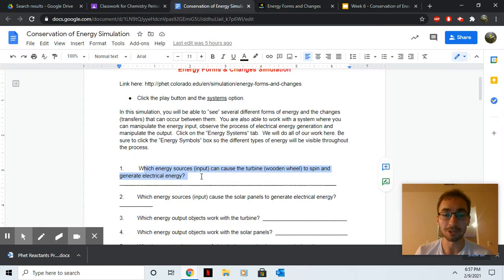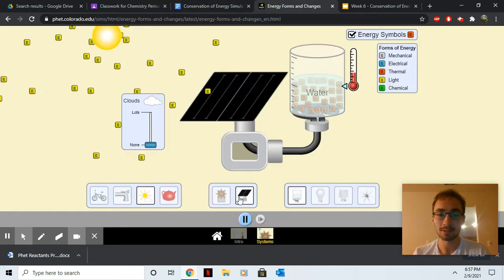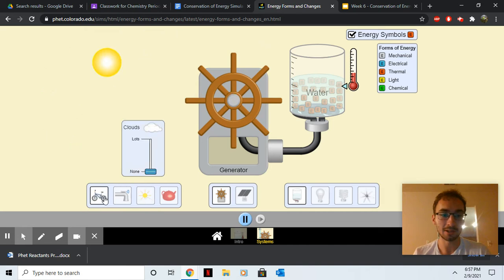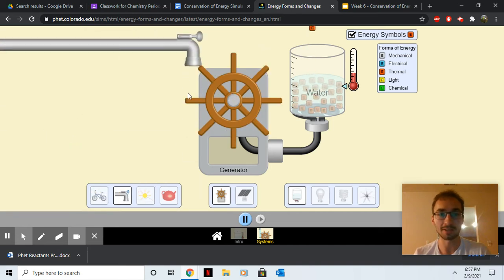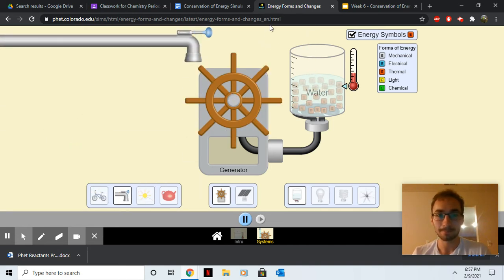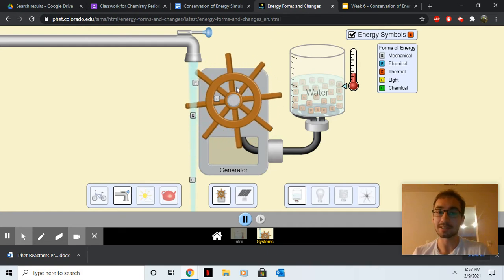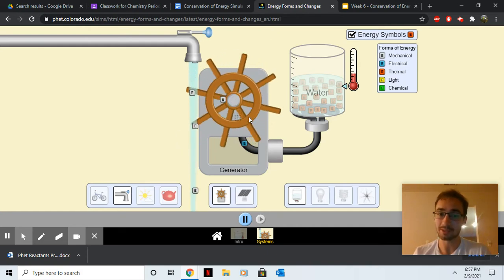All right, number 3, which energy outputs objects work with the turbine? So what that's asking on this side, let's change it back to turbine and back with the bike. Or let's try the faucet now. So as you can see, the mechanical energy from the water gets converted into electricity that will heat the water.